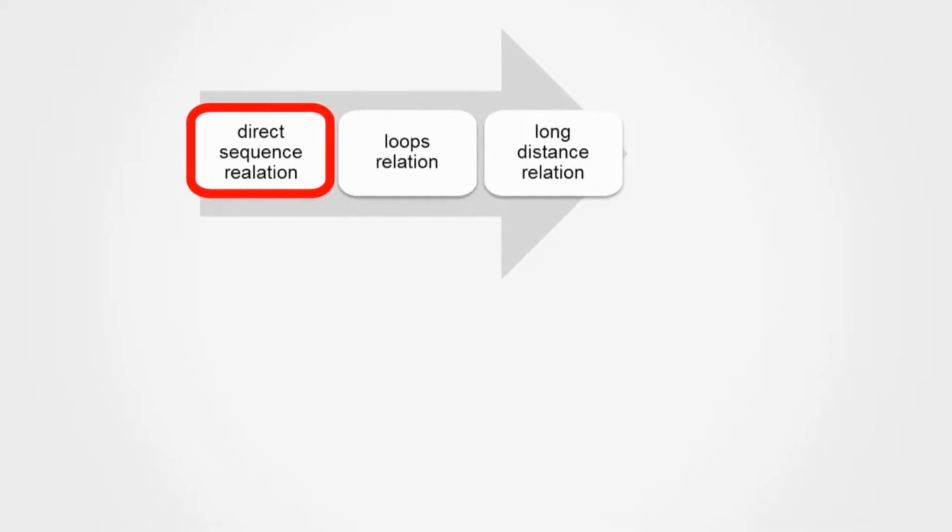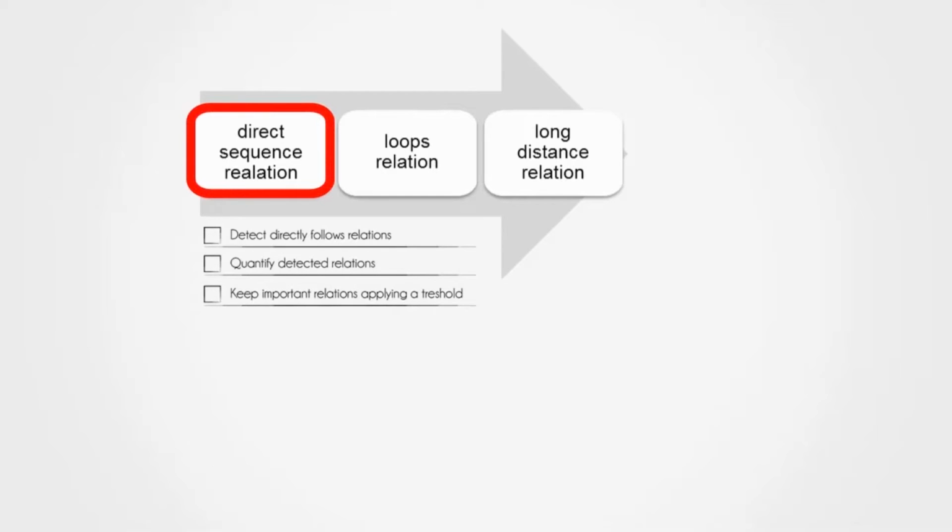We will first explain how to detect all the direct sequence relations. Suppose we have an event log with 16 different types of traces. The number of occurrences of each trace and which activities they contain are shown on the left.